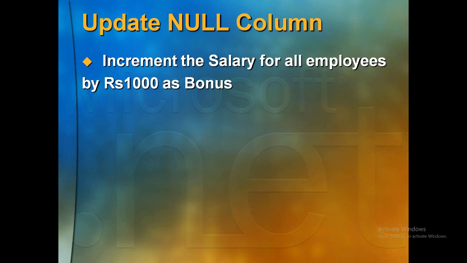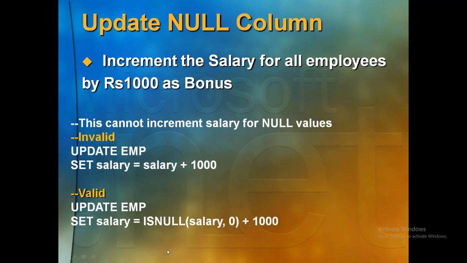Next thing is to increment the salary for all employees by 1000 as bonus. Whatever the salary is, I need to add 1000 to that. So the salary plus 1000 is to be added. But this cannot increment salary for null values, so this is an invalid query.